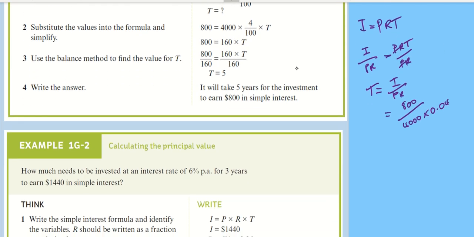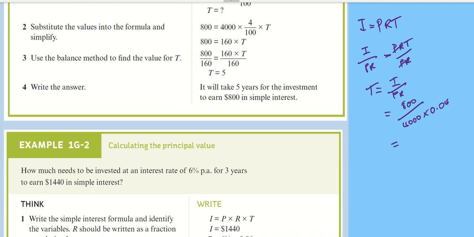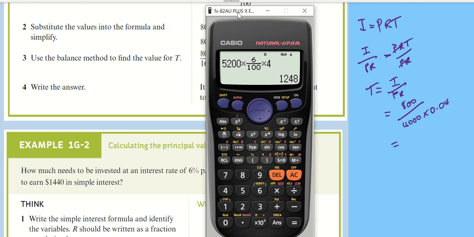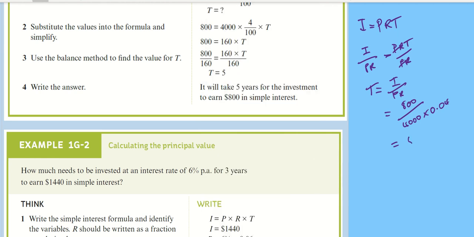Now on the calculator, just fire up my calculator. Let's have a look. I'm just going to do this. So we go 800 over 4,000 times 0.04, and that's going to equal 5.